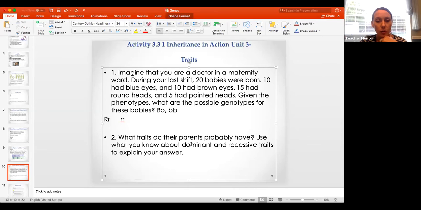Okay. What traits do you think their parents probably have? Use what you know about dominant and recessive traits to explain your answers. Well, you guys kind of already did that up here as we looked at this. 15 had round heads and 5 had pointed heads. We know that the round head is going to be dominant because it's more of what we see.